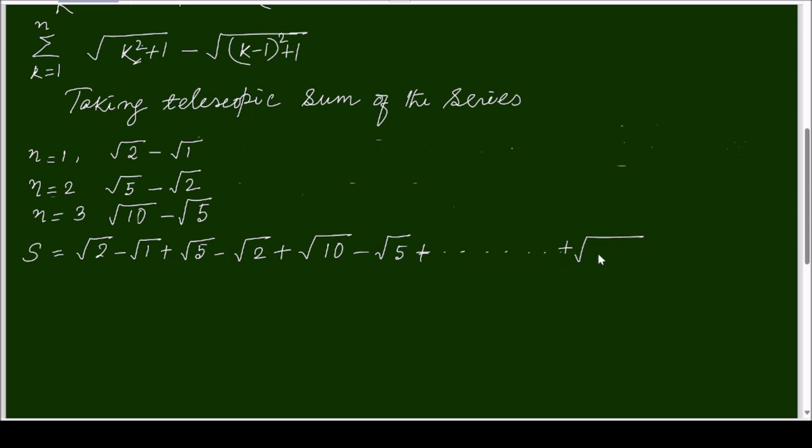So if we go on writing, the sum will be square root of 2 minus square root of 1 plus square root of 5 minus square root of 2 plus square root of 10 minus square root of 5. The last term will be square root of n square plus 1 minus square root of (n minus 1) whole square plus 1.